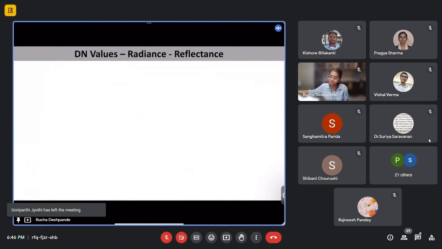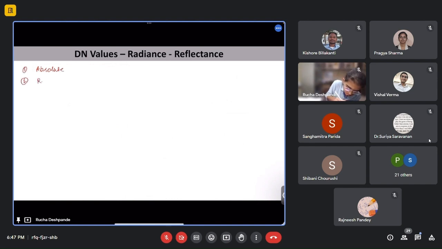This was explained in one of the lectures also. We have two methods of atmospheric correction: absolute correction and relative correction.